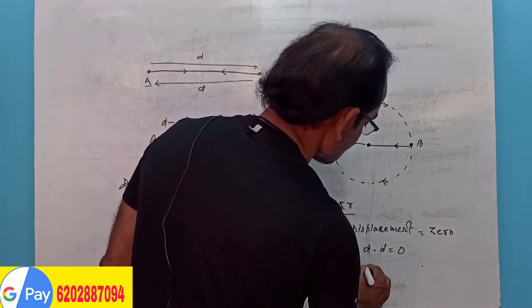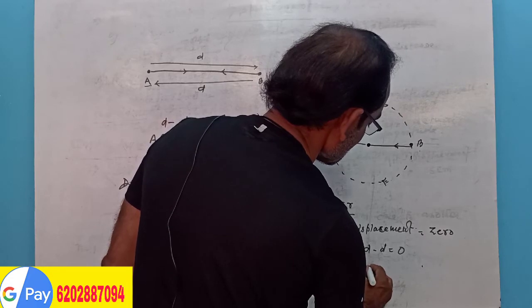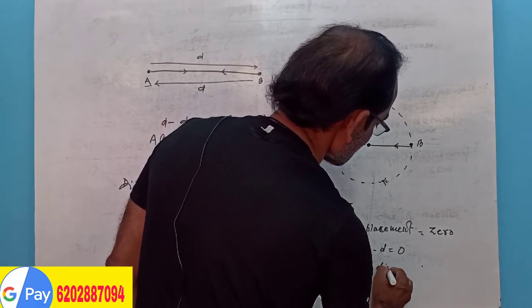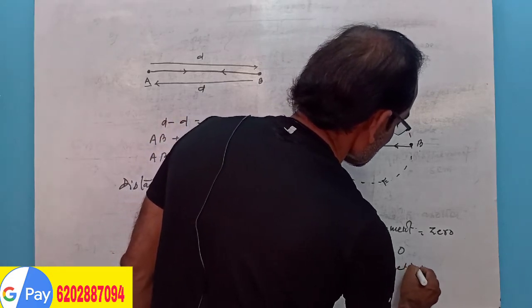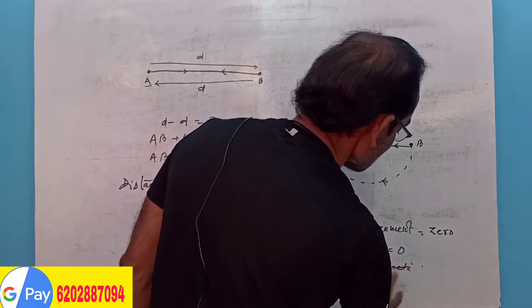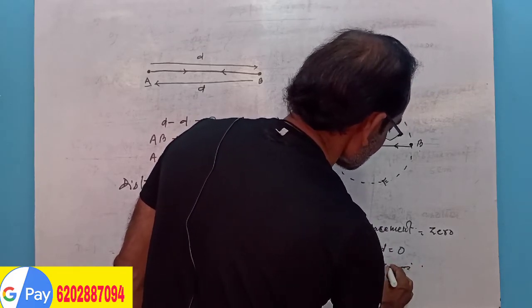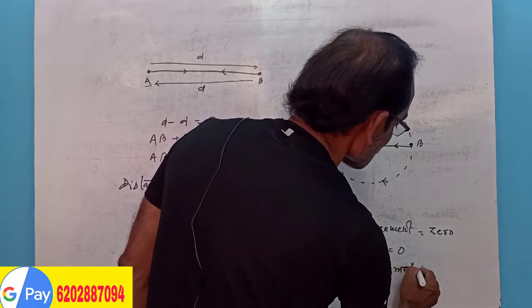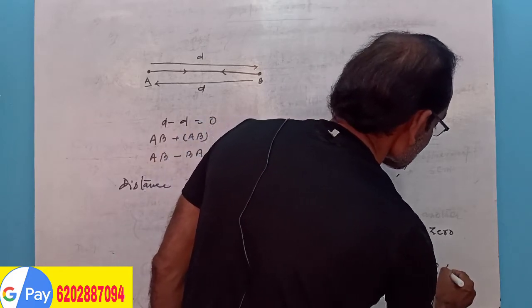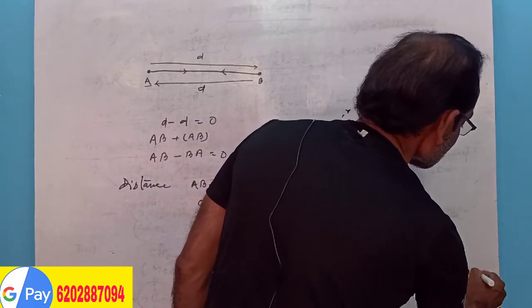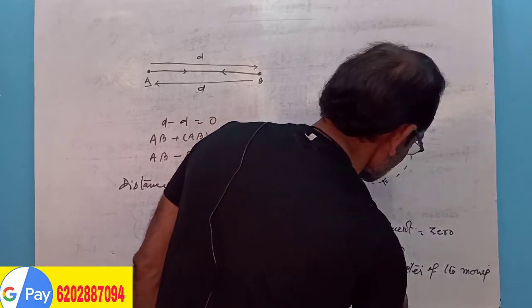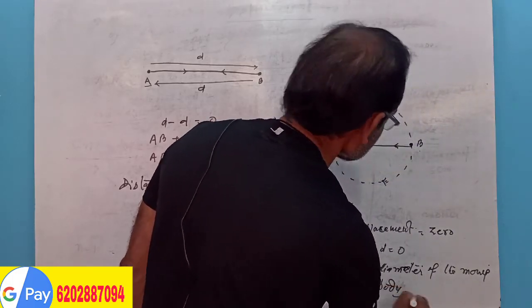Here AB equals the diameter of the moving body.